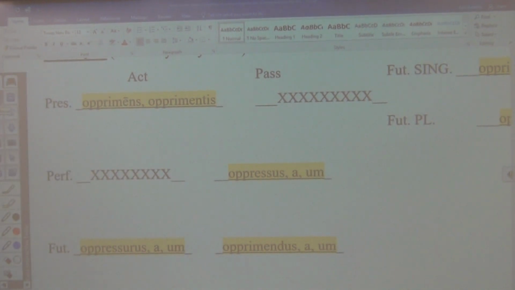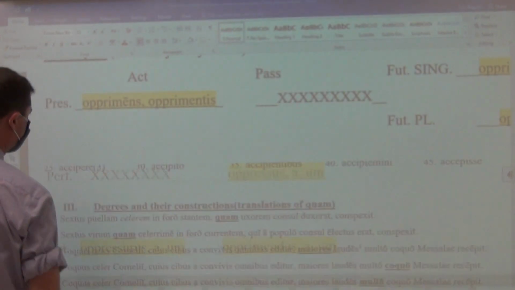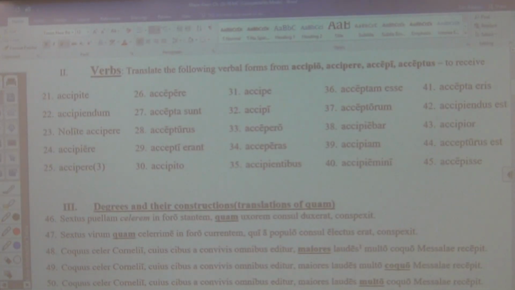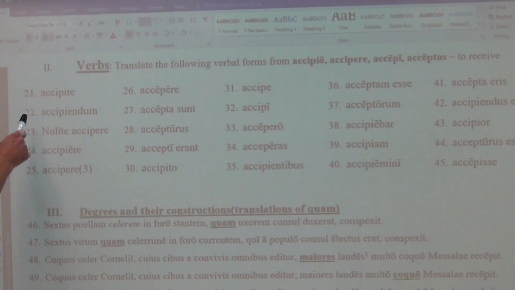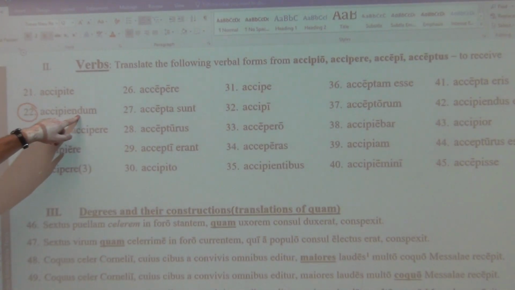So let's go ahead and see in that verbal section any of the forms that are either a participle or an infinitive. That's imperative. That one is the gerundive. You see the nd? So it is the future passive participle.